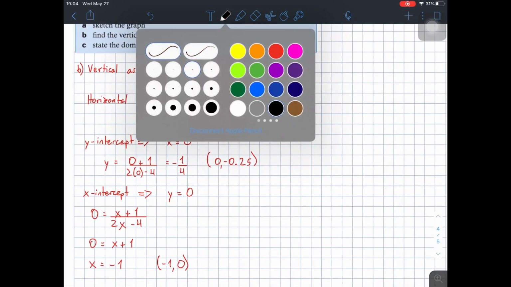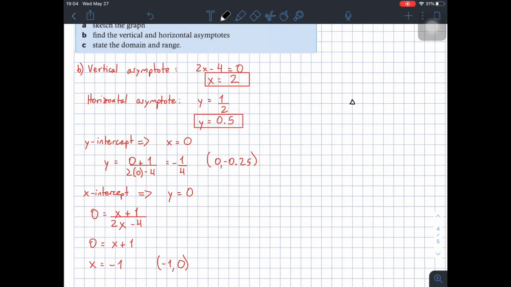I'm going to do a sketch right here. Y-axis, x-axis. So let me plot the asymptotes first. x equals 2 is right here, and y equals 0.5, that's right here.